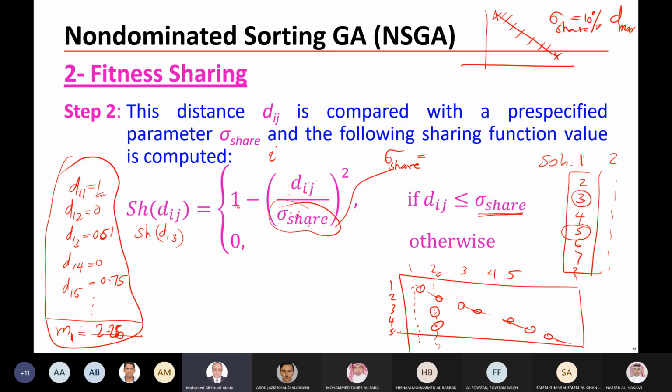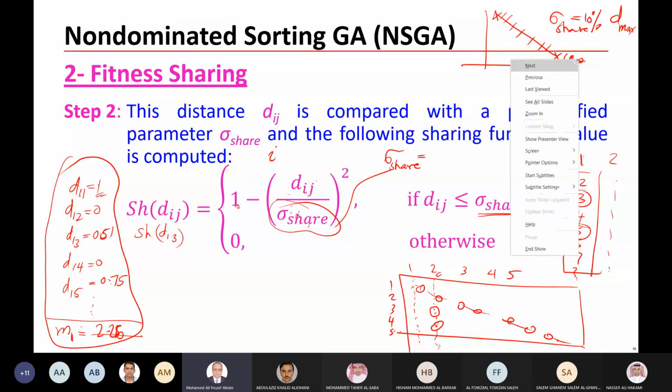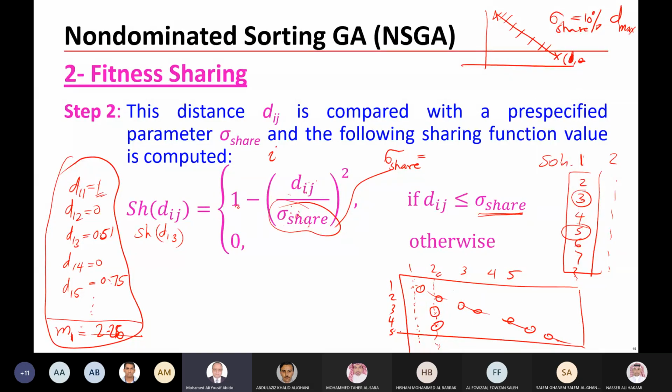Look, Fawzan, if we normalize, this solution will be 1, 0, and this solution will be 0, 1.